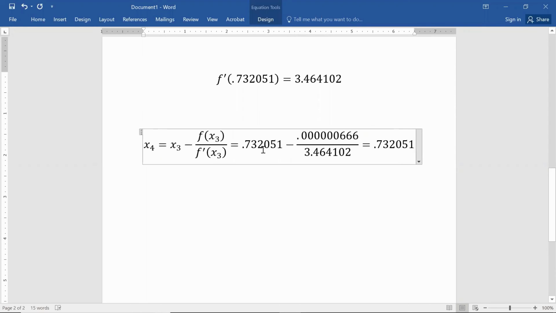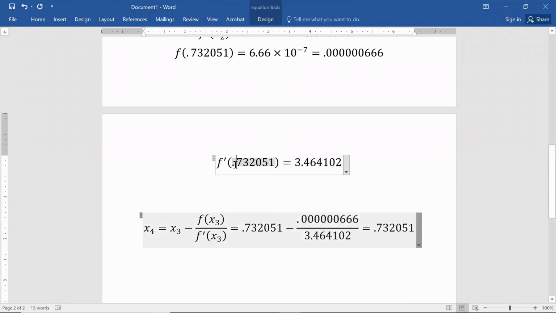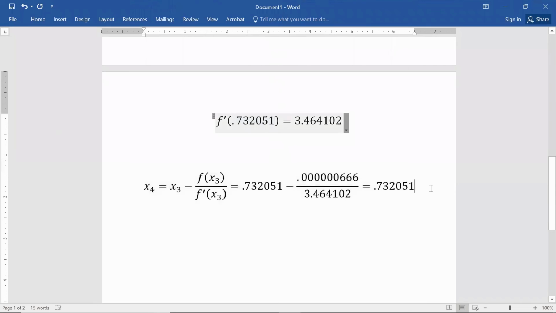When I rounded to 6 decimal places, this little bit of change changes this number, but it's less than 6 decimal places. In other words, that 6 decimal places is a millionth, I believe. So it changed it by less than a millionth. So our fourth iteration actually looks like the exact same number as our third iteration because we're rounding to 6 decimal places.